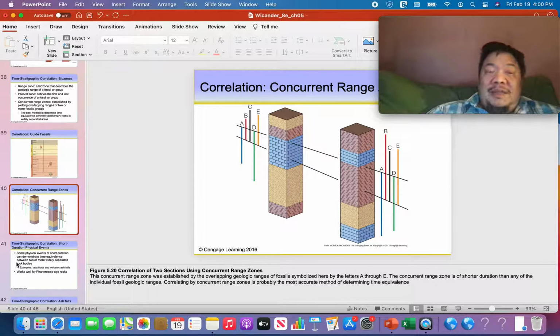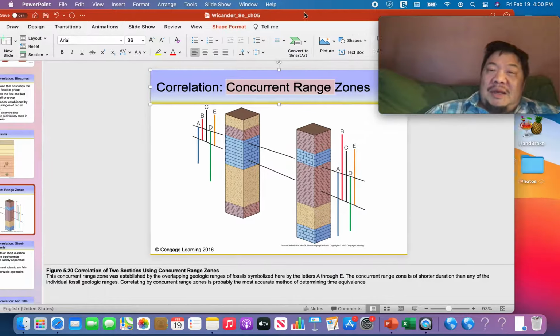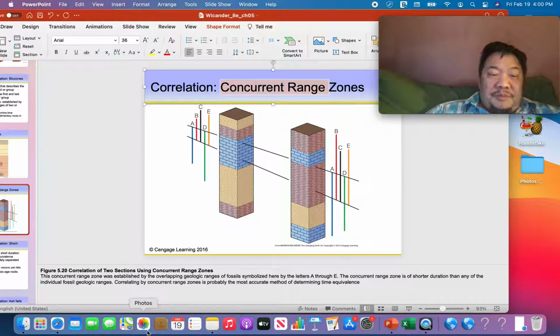If you can't find index fossils in a rock, what we use is the concurrent range method instead. What's that mean? Well, when we're trying to date rocks, if we can find fossils, we'd rather use fossils than radioactive isotopes because it's cheaper, and your company would rather spend less money in getting the same answer.